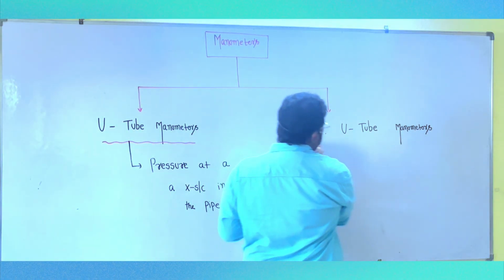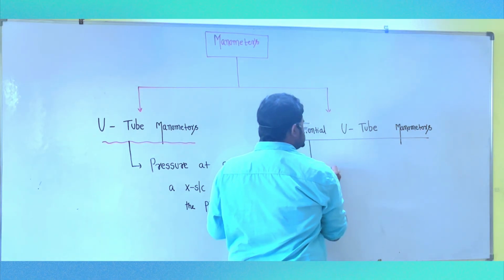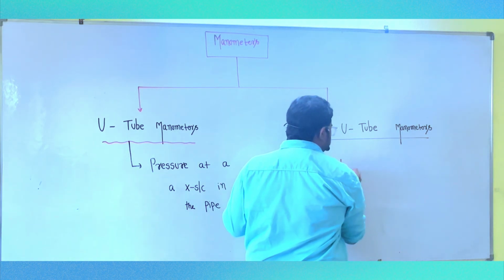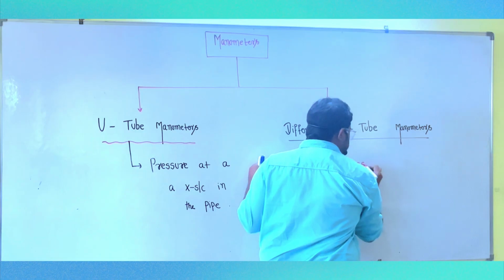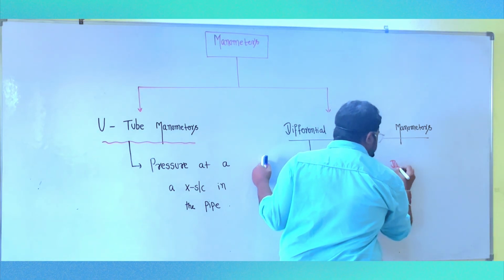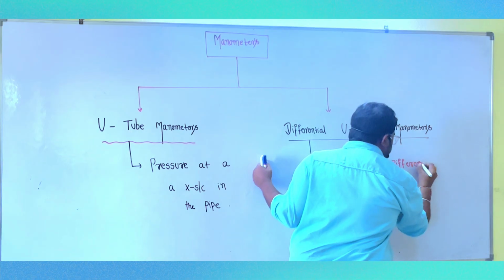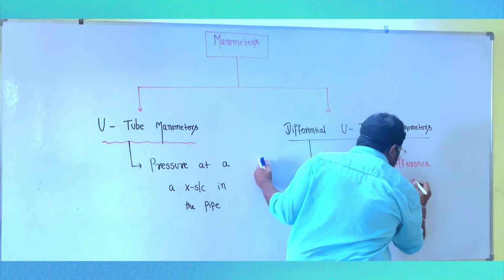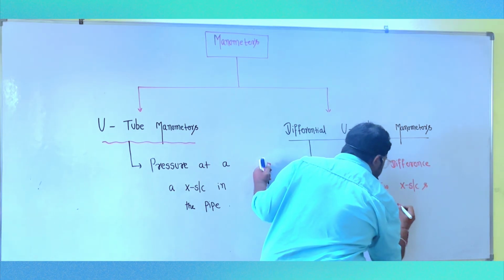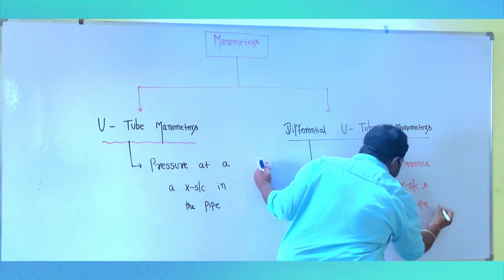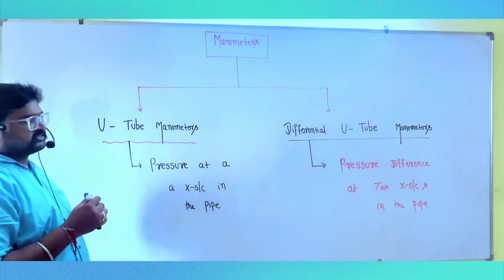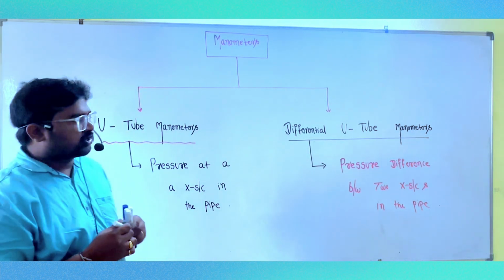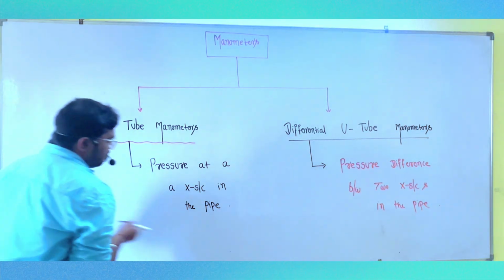In order to calculate pressure difference between any two cross sections in the pipe, we use differential U-tube manometers.